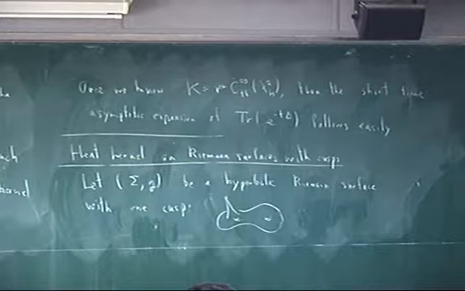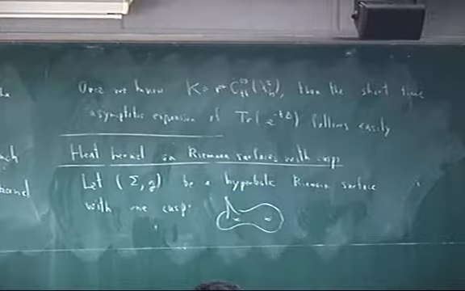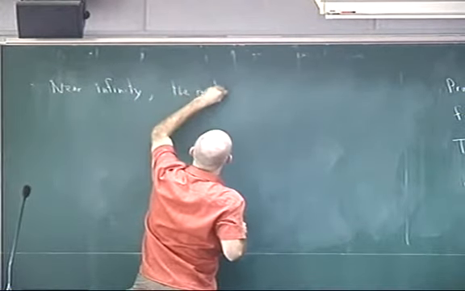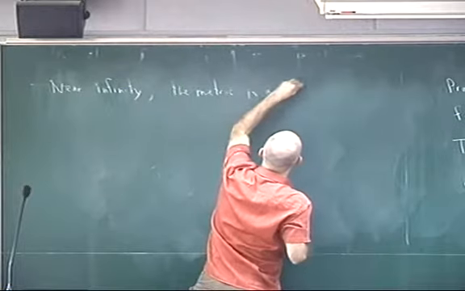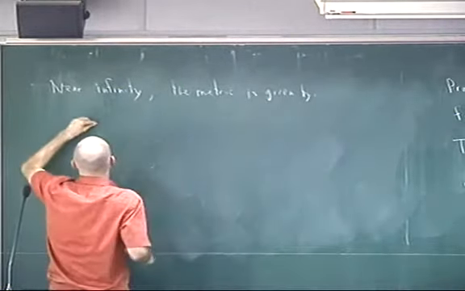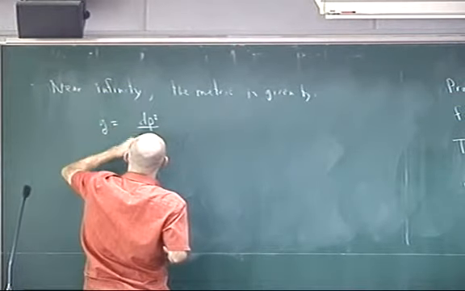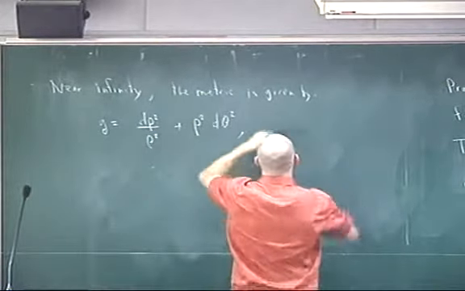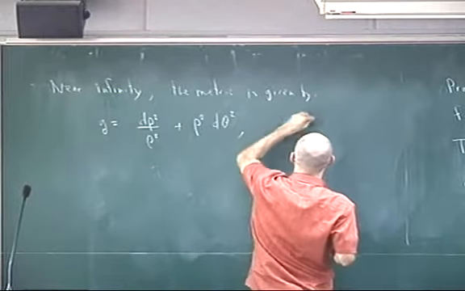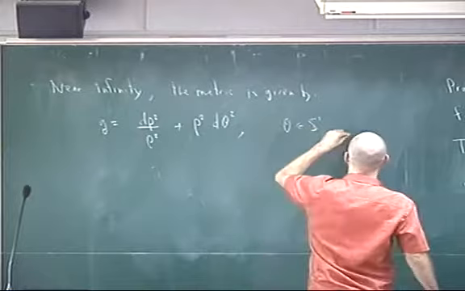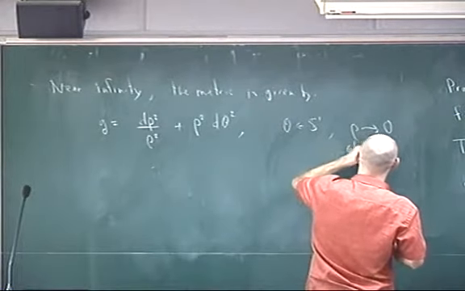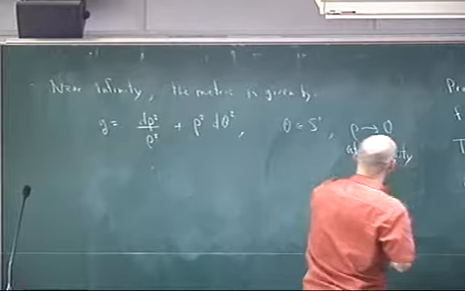So near infinity, so near the cusp, the metric is given by d rho squared over rho squared plus rho squared d theta squared. And here theta, I think of it as a variable on the circle, and the infinity is when rho goes to 0.